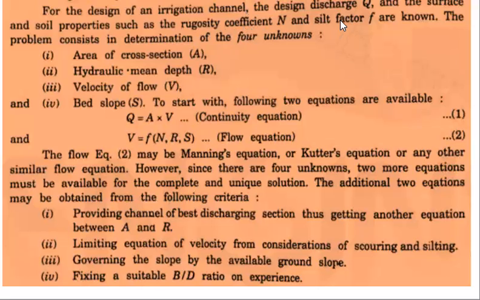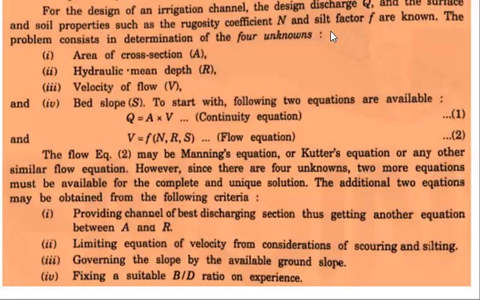So this silt factor also depends on the mean particle size of the silt, right? And this factor can be determined with the expression F is equal to 1.76 root of the mean particle size of silt in mm, I hope you remember it, right?